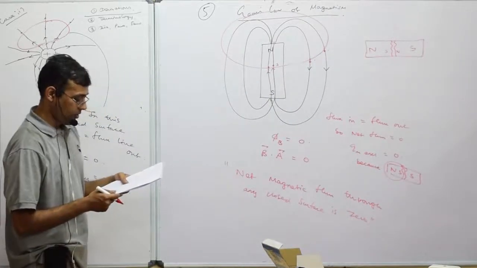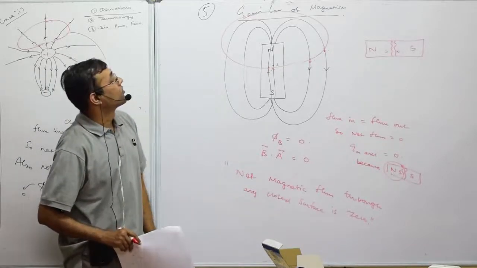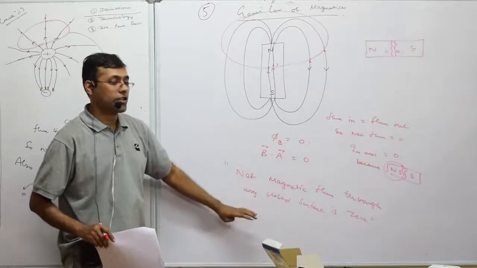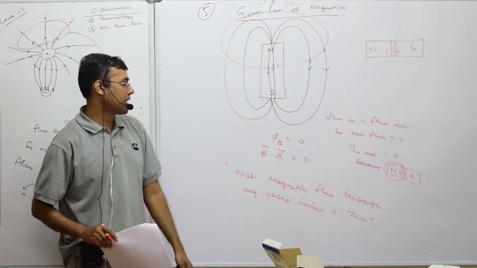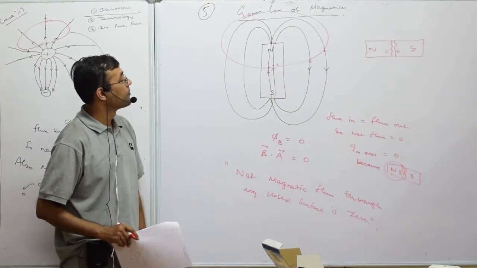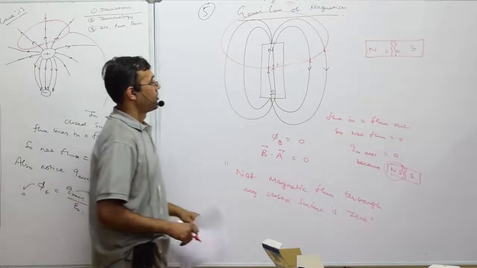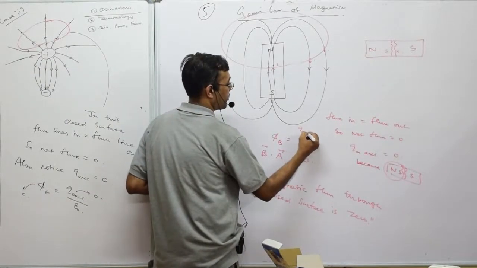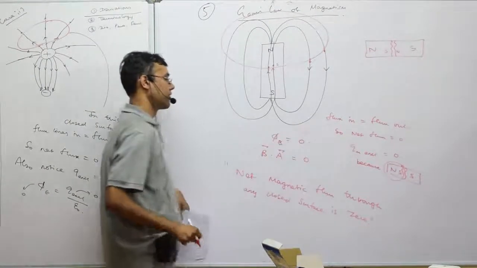That's all. So if they ask you what is Gauss law of magnetism, this is what you have to explain. This is a statement: net magnetic flux through any closed surface is 0. Okay. If you want, you can write one more step here. So Qm enclosed. Okay, let's not confuse you.